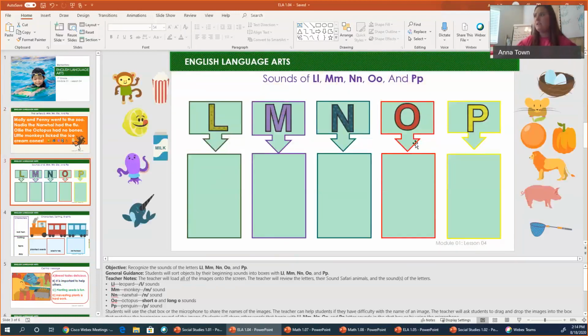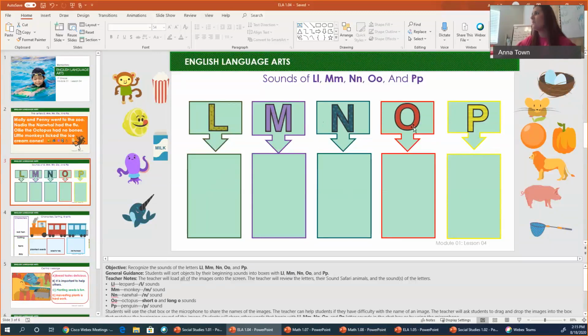What we're going to do now is review the letters and sounds, and then I'm going to say a picture name, and then you're going to tell me which category we should put it in. We have the capital L, L, capital M, M, capital N, N, capital O, O, and the capital P, pup, pup, pup.